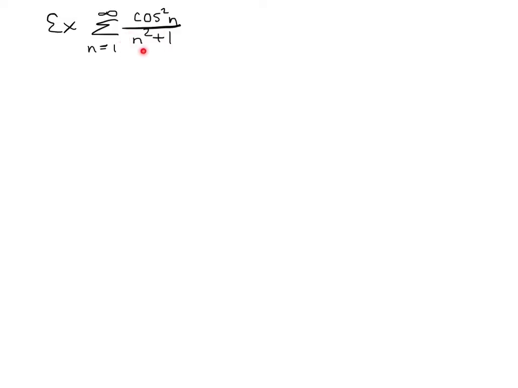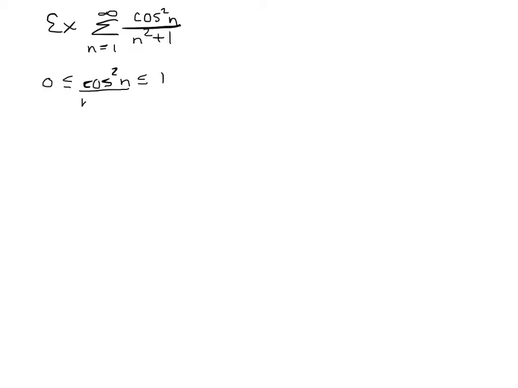The n squared looks like a p-series. The cosine oscillates, and so that's why this is a good candidate for the comparison test, especially because cosine oscillates between -1 and 1. So cosine squared would be in between 0 and 1.